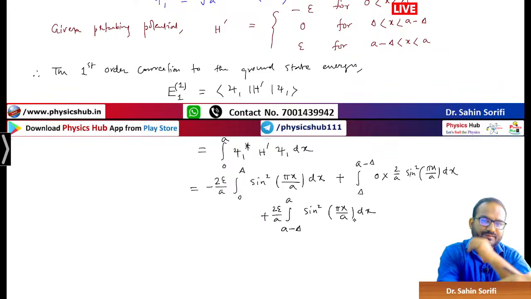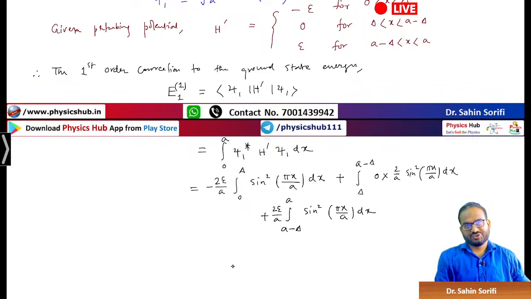Now, integration is like the area under the curve. You see this is the negative part, this is the positive part, so this should vanish.